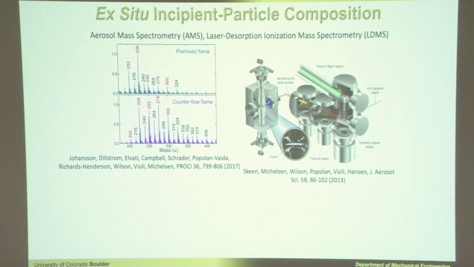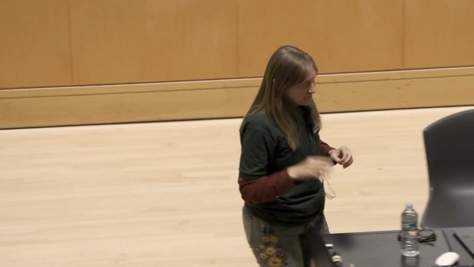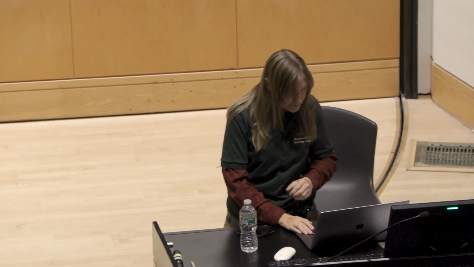We send the particles, I think I described this yesterday, through an aerodynamic lens system, which focuses the particles into a beam. It sucks away all the gas, so we don't see the gas phase. That beam of particles hits a plate, is vaporized under vacuum, and then we ionize using the VUV from synchrotron, and then do a mass spectrum.